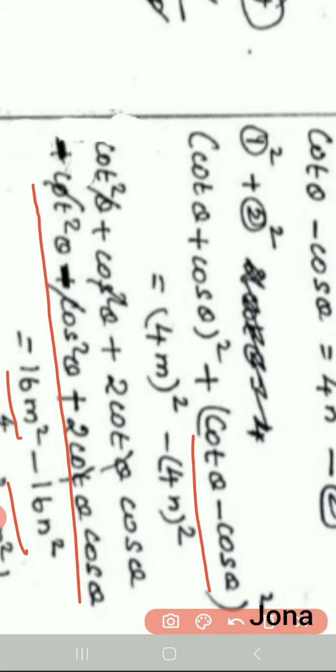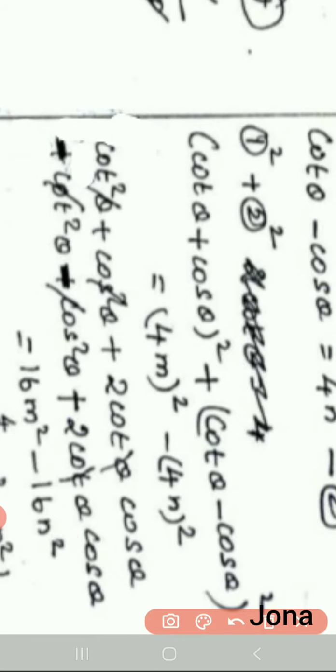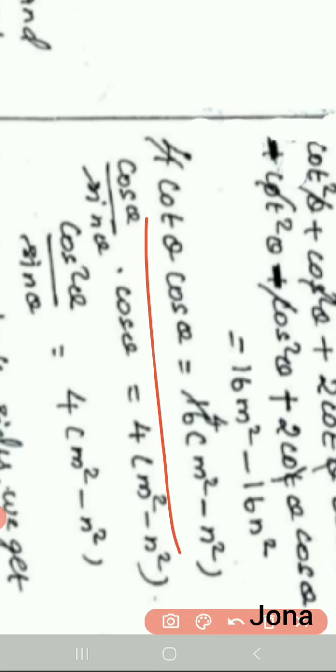And then I want to cancel some things here. What are the things I can cancel here? So I cancelled everything there, so the remaining thing I got is 4 cot theta into cos theta equal to 16 is common, so 16 into m square minus n square.